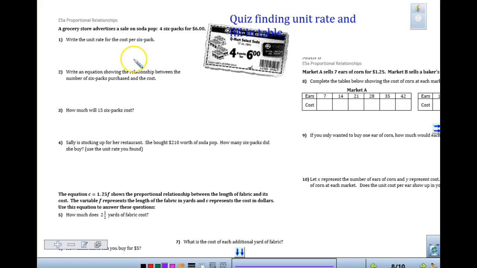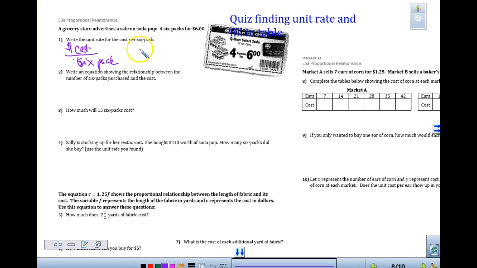So, in this one, we're trying to find what our unit rate is going to be. Cost per what? Per 1 can, per 6-pack, per what? So we're going to try and find dollars, right? Cost, that's my cost, per 6-pack. And what did you know starting off?